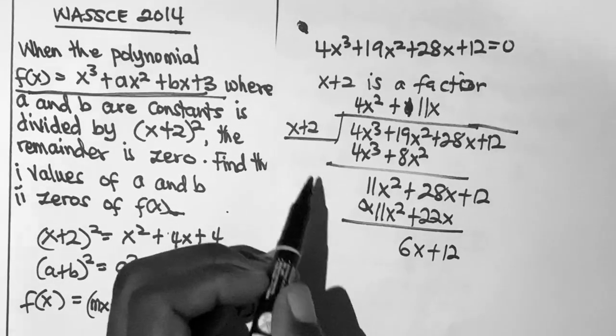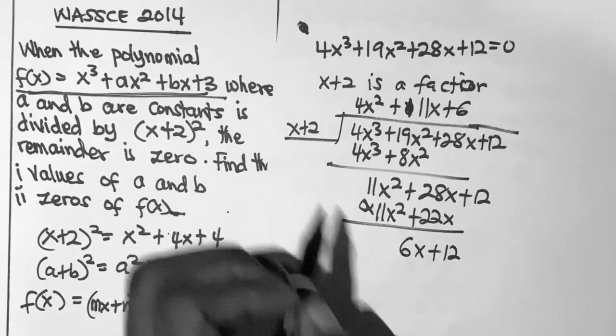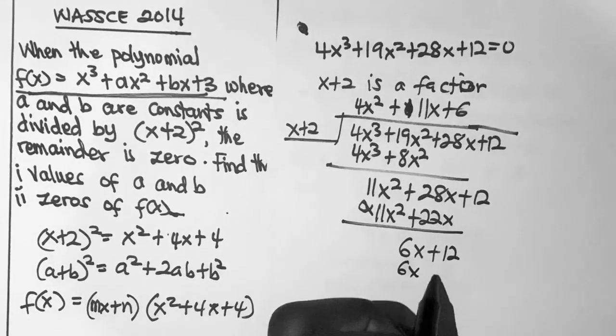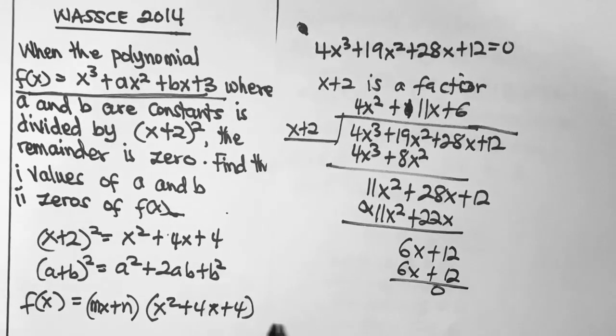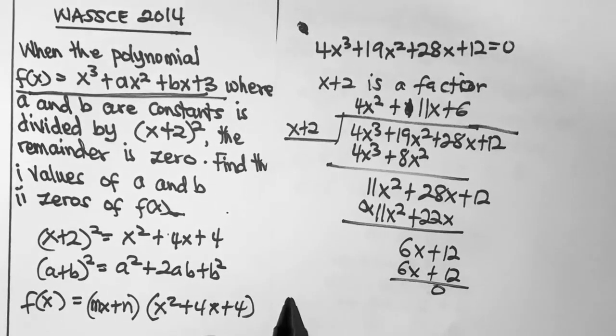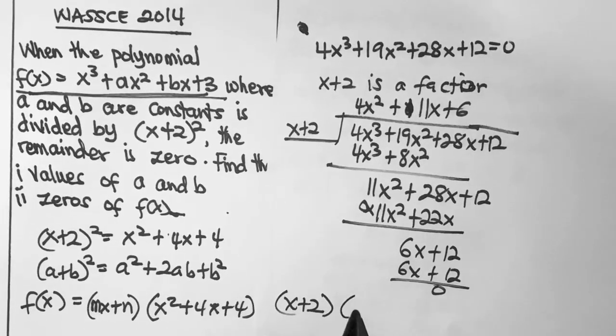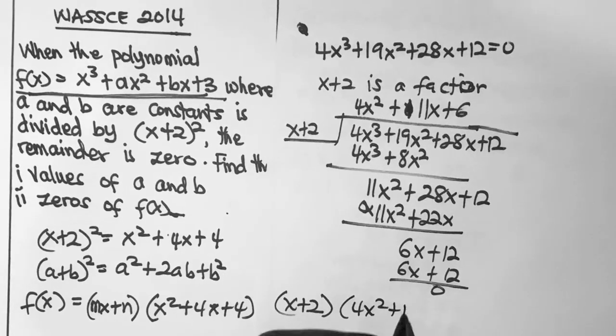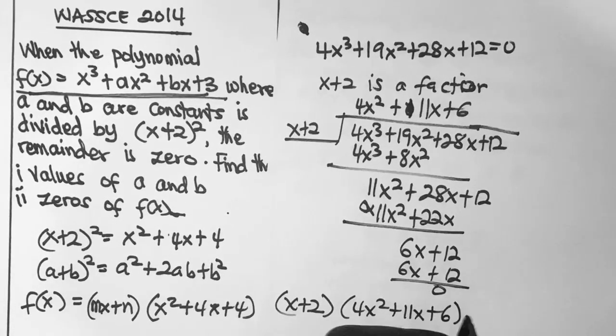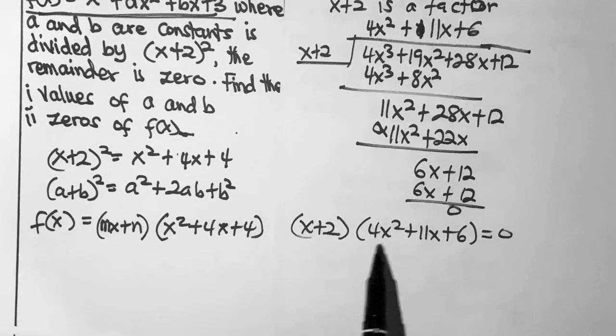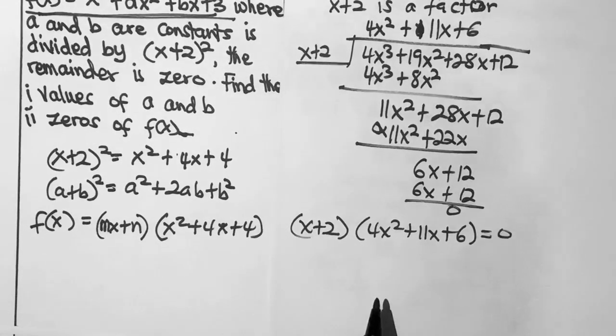So 6x divided by x is 6. 6 times x is 6x, then 6 times 2 is 12. So here goes to 0. So what it means is that x plus 2 times 4x squared plus 11x plus 6 is equal to 0. So now 4 times 6 is 24.